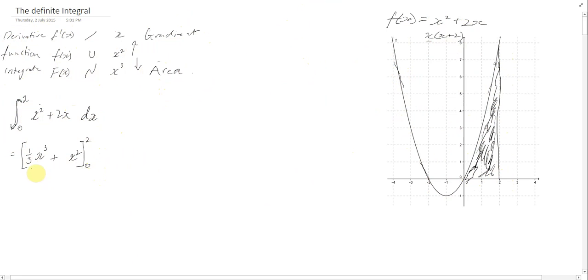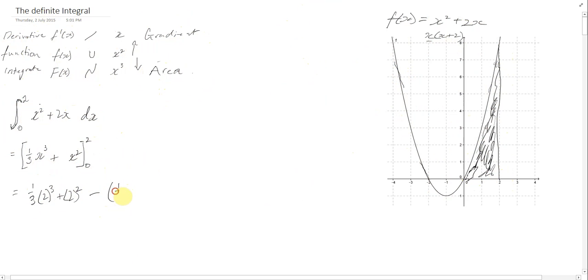So let me show you what I mean. So let's do this whole thing when x is 2. It becomes a third, 2 cubed plus 2 squared, and then subtract it when 0 is for x.